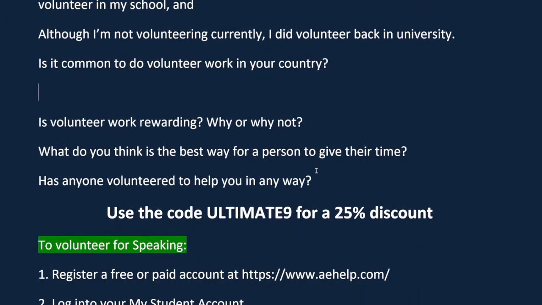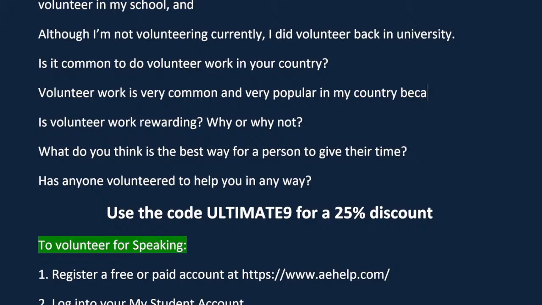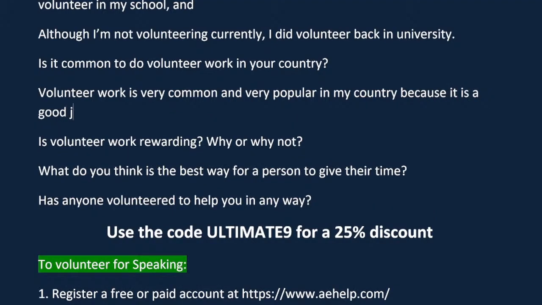Volunteer work is very well known and very common, popular in our country. Because it is good for the society and everyone should do volunteer work for useful activities for the society.